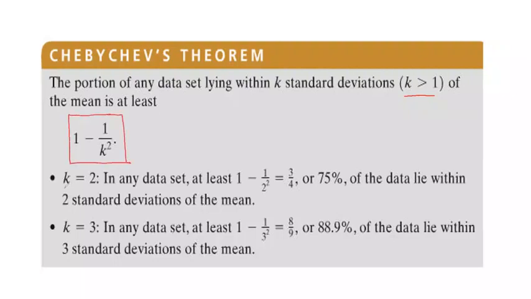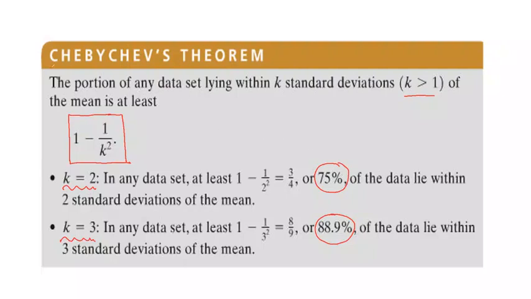And if you plug in 2, you will get the portion or the proportion or the percentage associated with 2 standard deviations from the mean. And if you plug in 3, you will get this one. If you plug in 4, you will get a different one. So you can plug in different values for K to find out the percentage.